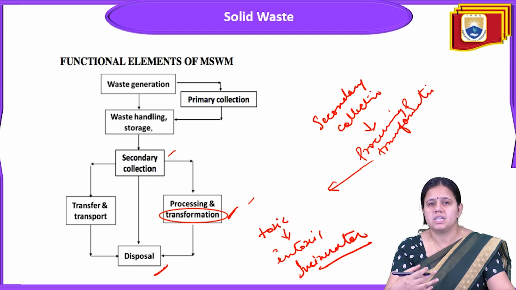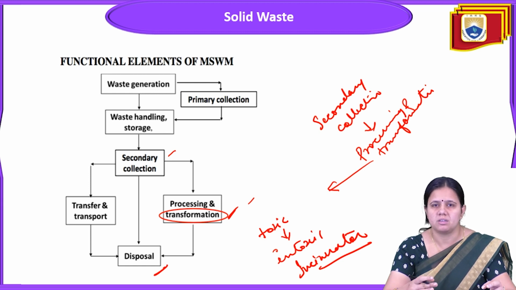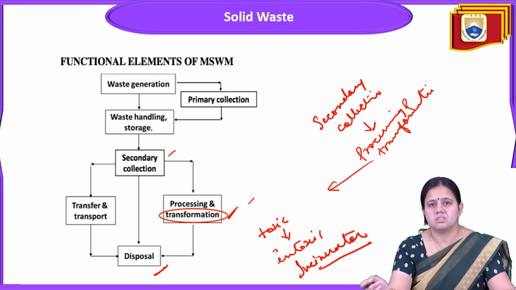Throughout, it involves the transfer of waste from one location to another and the hauling of waste from one point to another. Then come waste processing and transformation, and after that, disposal. This covers the whole picture of MSW.